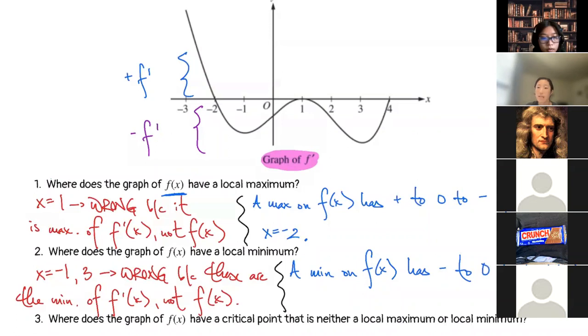I don't see anywhere on here where it goes from a negative value to a positive value. If I extended the graph right here and it kept going, then we would have a minimum at x equals 4. But the graph stopped, so we don't know what happened there.